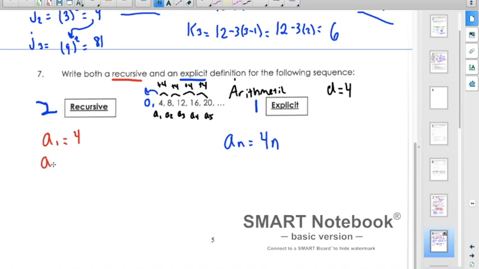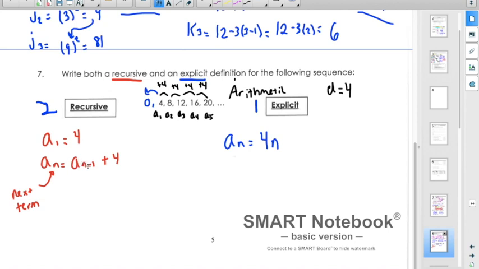And then the second part, a sub n, which is the next term, we always need to include the previous term, aka a sub n minus 1, right? The previous term. In this case, the previous term before the first term was 0. So then how would I get to the next term? Well, I'm just adding 4 to it.